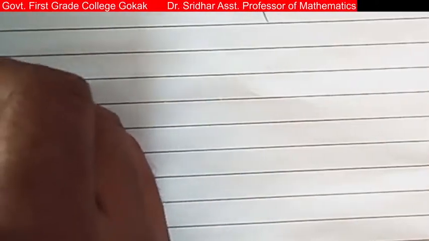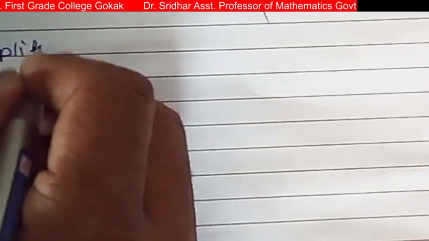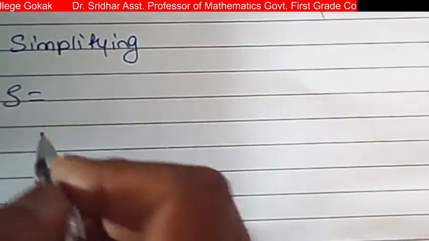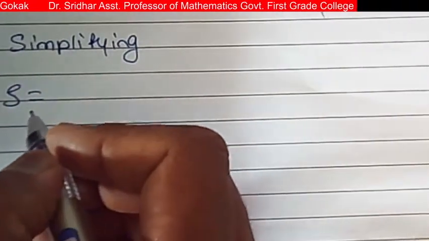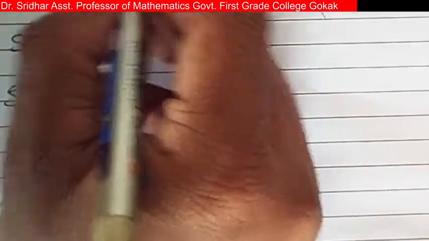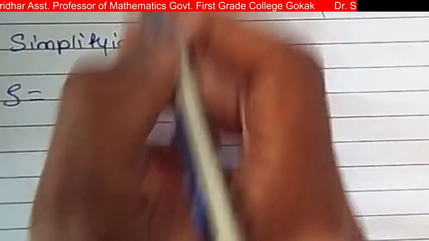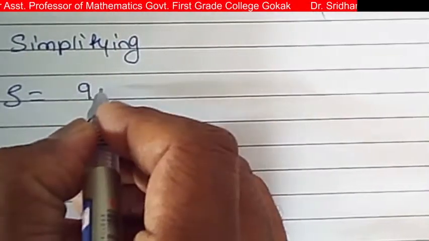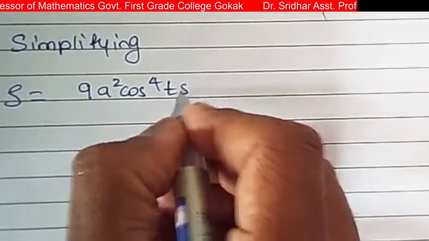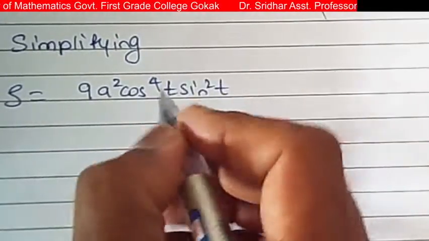Now simplifying this equation, so we get rho is equal to, now this, what happened here, 3a cos square t sin t whole square, so it is 9a square cos raised to 4t sin square t.